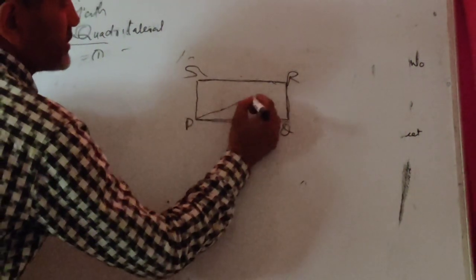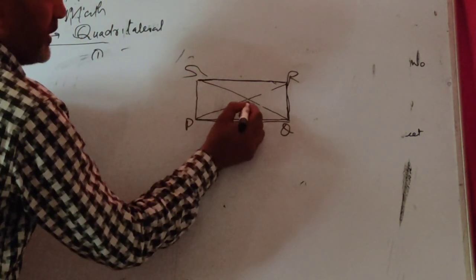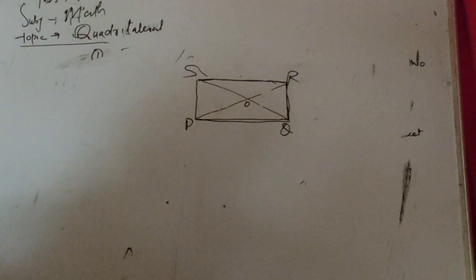If we draw two diagonals, say PR and SQ, the diagonals bisect each other at O.